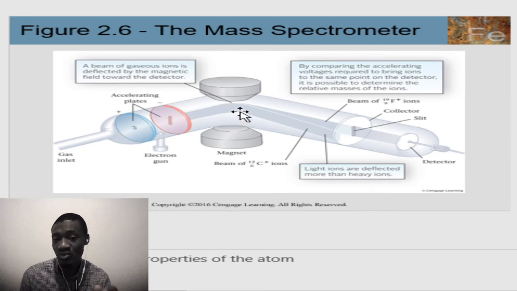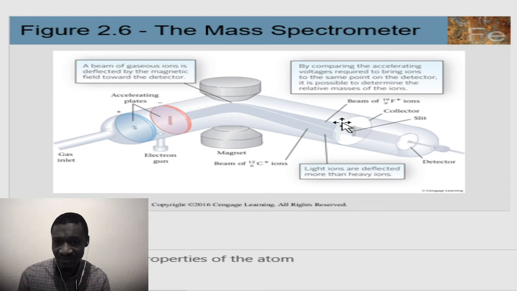Notice that you have two distinct ions, one heavy, one light, and on collision the lighter one will be deflected, the heavier one will get past the collector and hit the detector.